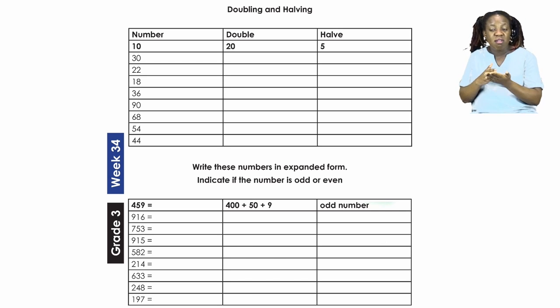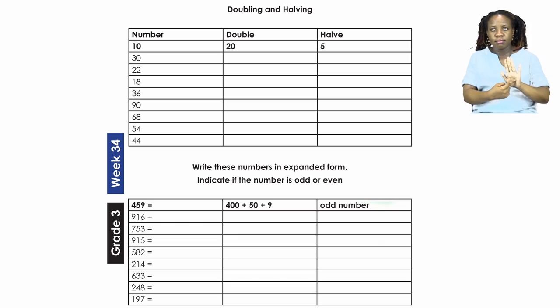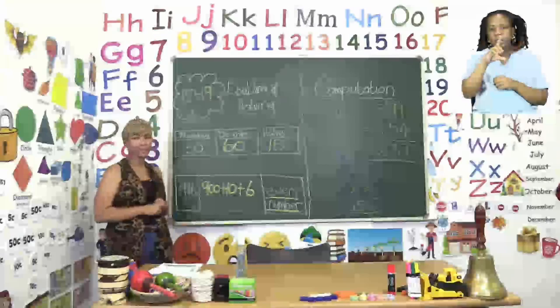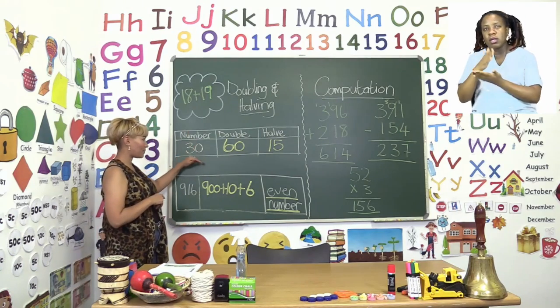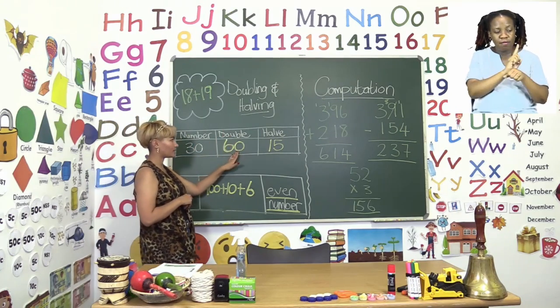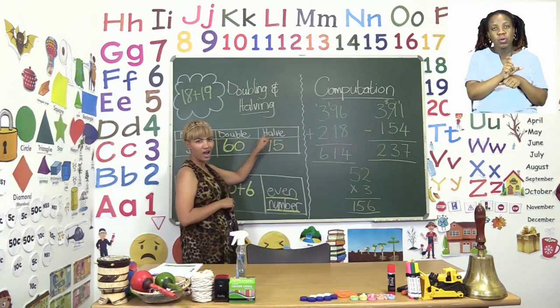Now you will see the second number is the number 30. Let's quickly see, I did the example on the board. Now let's see how we are going to double and halve the number 30. Remember the number in the first column, second column double, third column half.